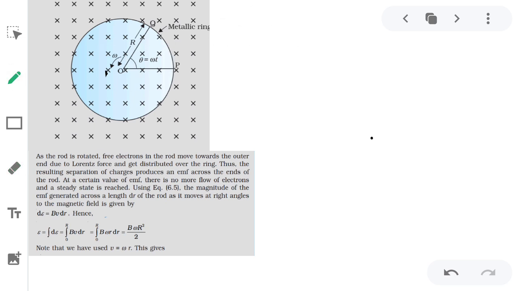Now we have to find the EMF induced across the rod. Across the rod means it will be at these two points, at one end and at the other end, at the center. We know from the previous derivation that EMF is given as B, L, v.